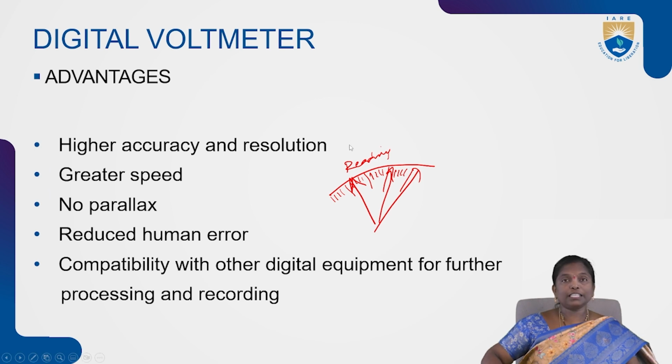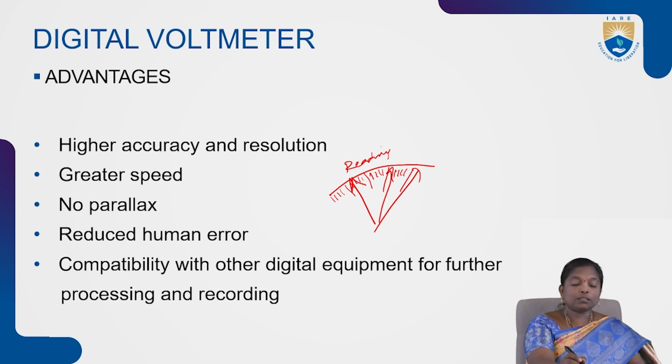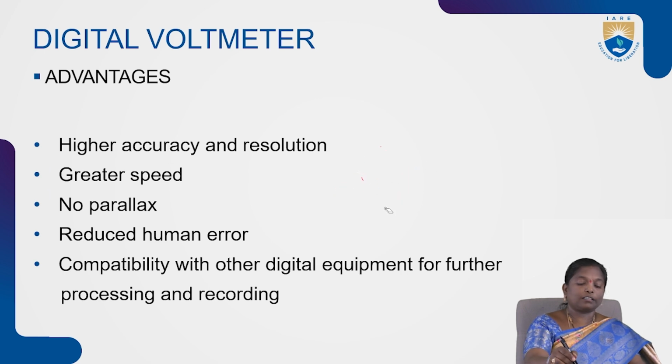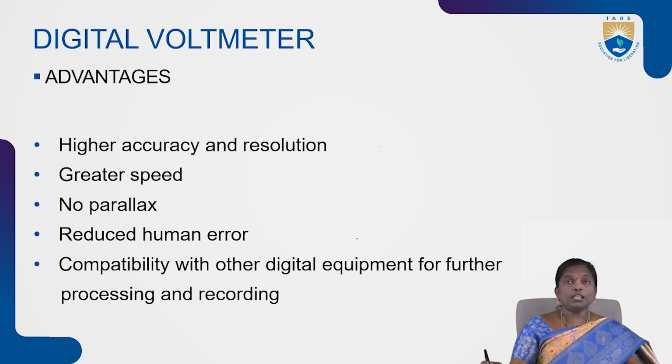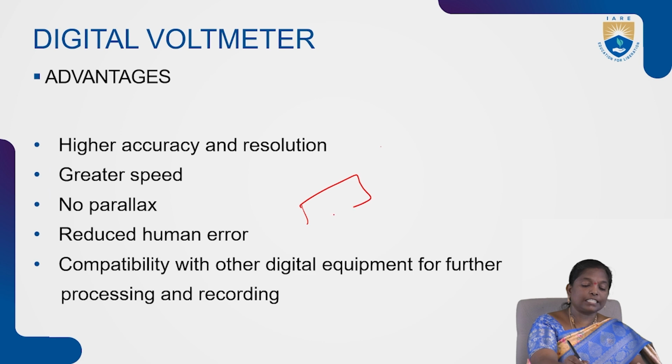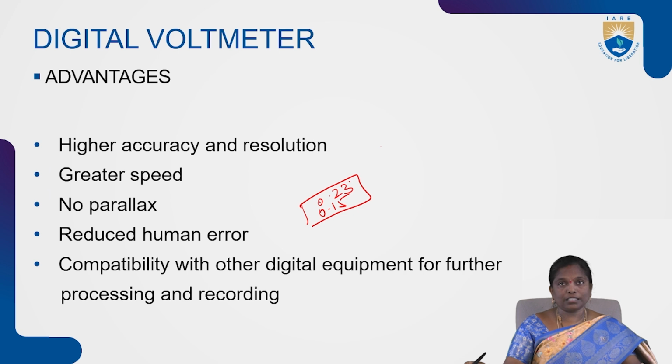While measuring readings in an AC voltmeter, the reader has many problems because of his vision; he may read the value at one point instead of another. So in AC voltmeters we have an error like parallax error. But in a digital voltmeter, we have a display that indicates the reading like 0.15 or 0.23, so there is no parallax error.